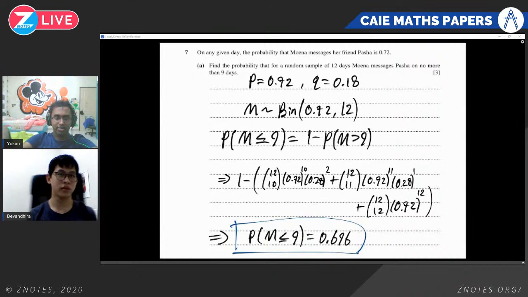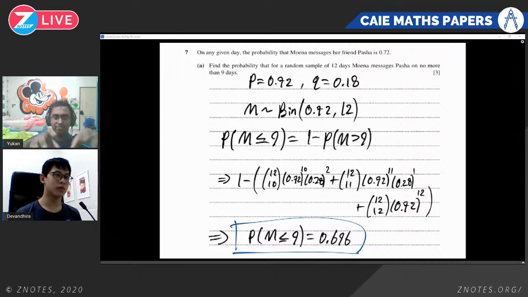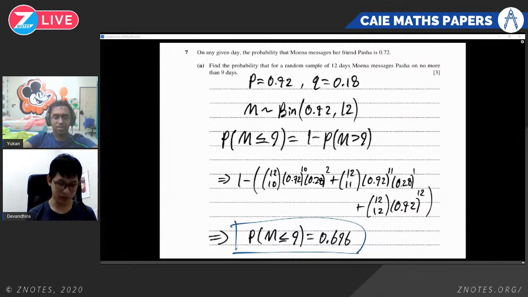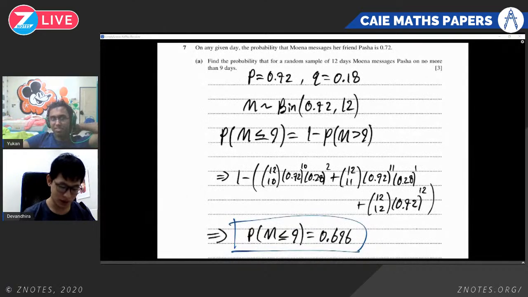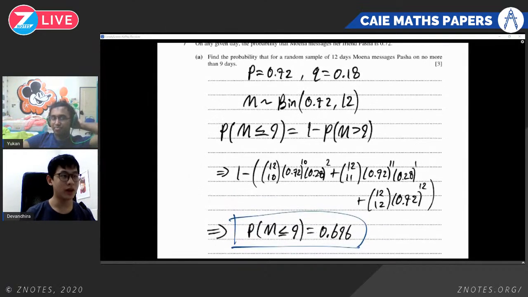And then your calculator will just do the work for you. So you don't have to type out this lengthy thing in your calculator. This is just one way to do the calculations really quickly. You kind of have to write this to get your marks.